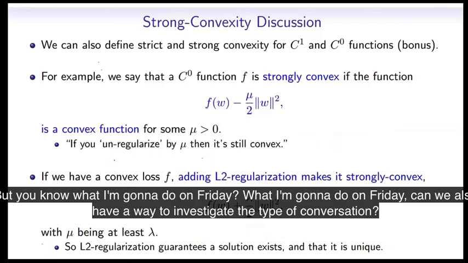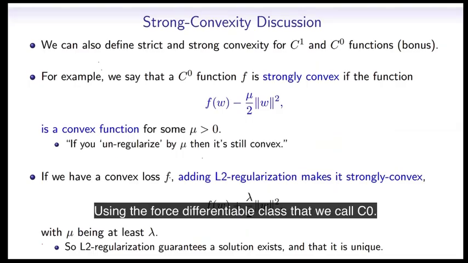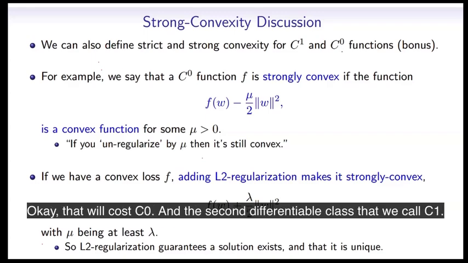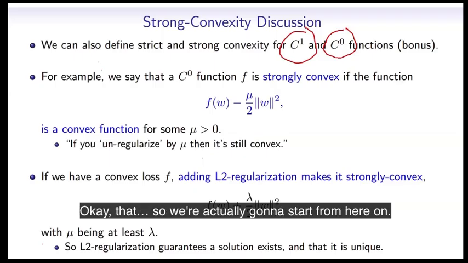But on Friday, can we also have a way to investigate the type of convexity using the first differentiable class that we call C0, and the second differentiable class that we call C1? So we're going to start from here on Friday.